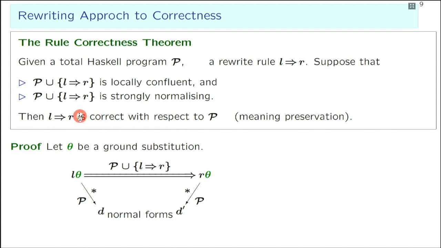This itself assumes strong normalization, but we can refine this theorem to accept programs that may involve non-terminating functions in P, but which don't crucially affect proving the correctness of the rule. Okay, thanks.